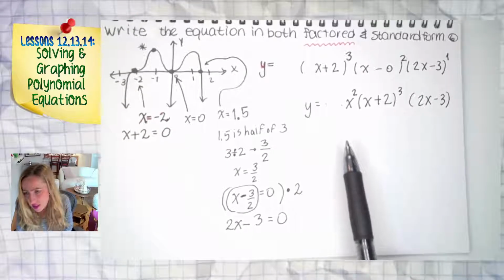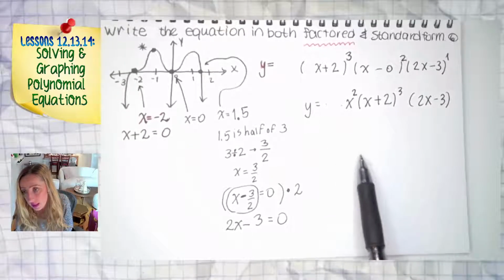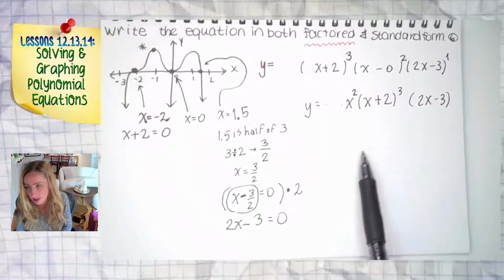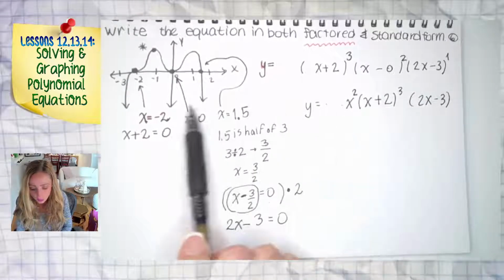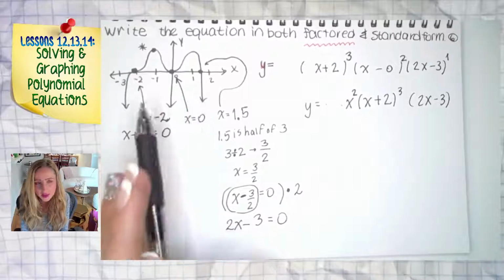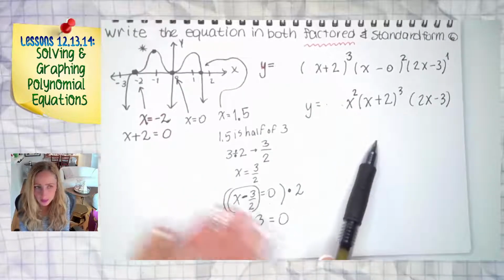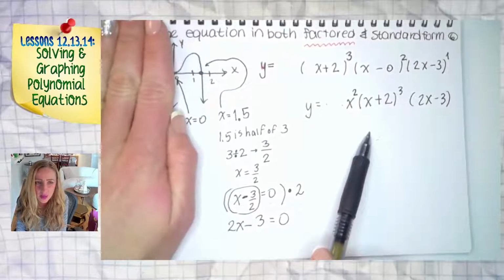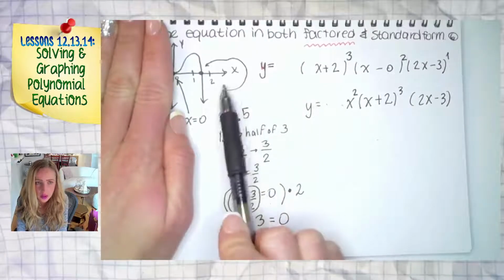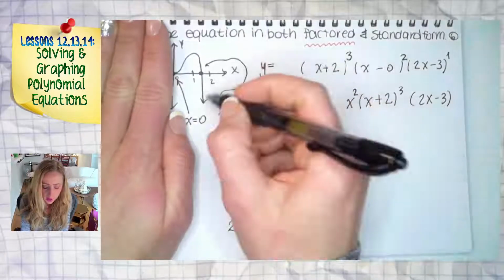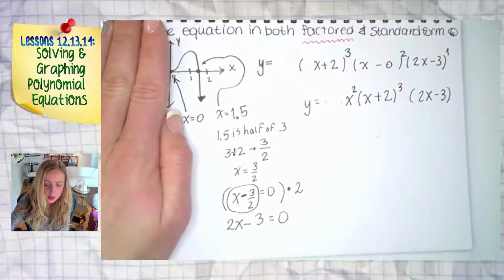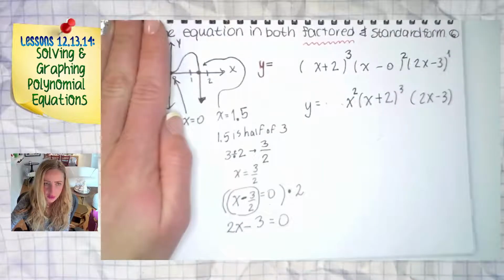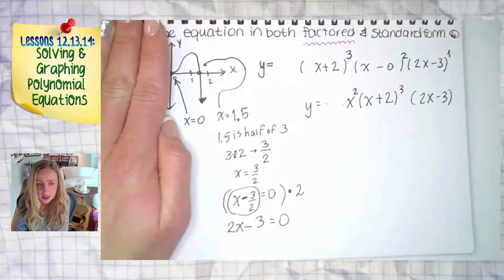All right, so I see somebody wrote me a little note. Let's see, LT and EB. Yes, yes, yes. Good. So leading terms and end behaviors. So when we're analyzing the end behavior for equation writing, you kind of don't care about the left side right now. We really care about the right side. Since the right side is pointing this way, what does that tell us about the leading term?